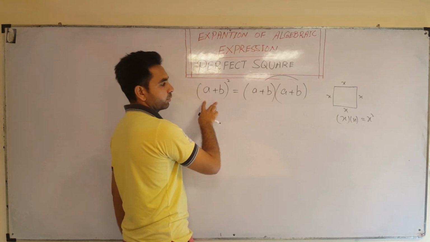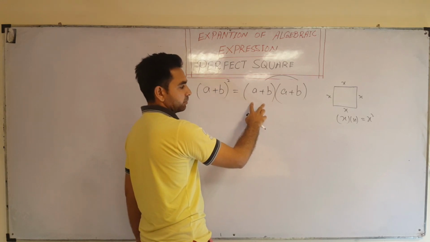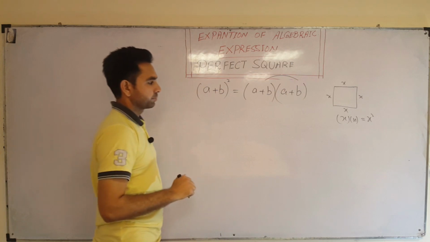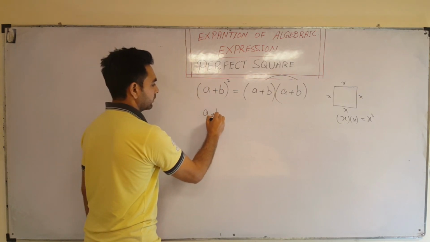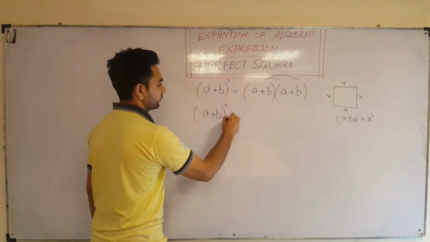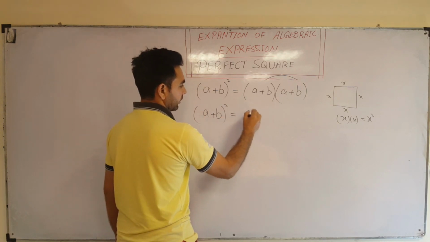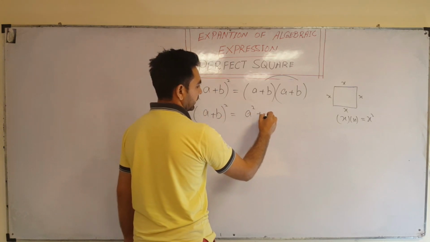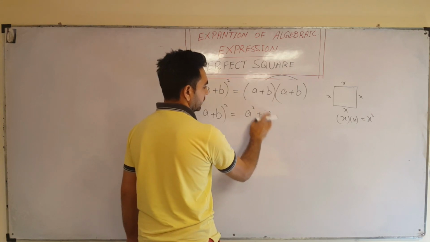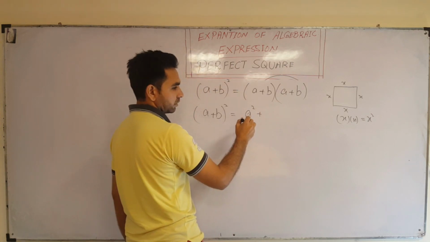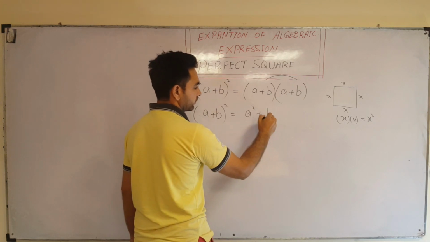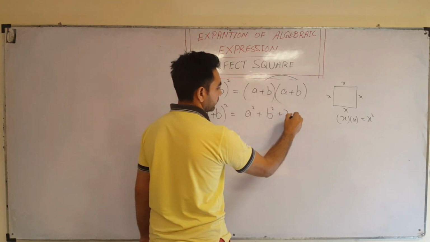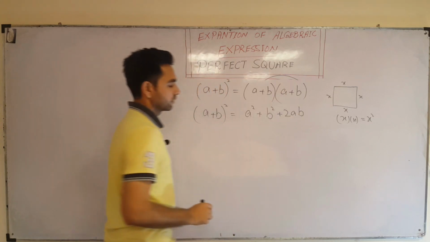Now if you have a plus b whole square, then that is a plus b into a plus b, right? And the general formula for this one, which means the expansion of this one, I'll write down the simpler one: a square plus b square plus 2ab.